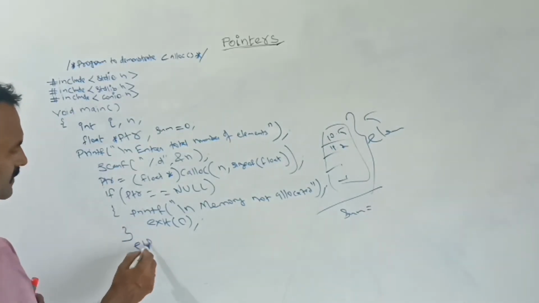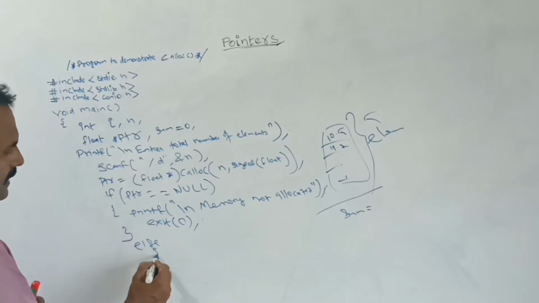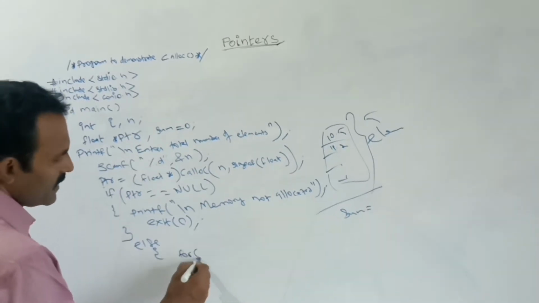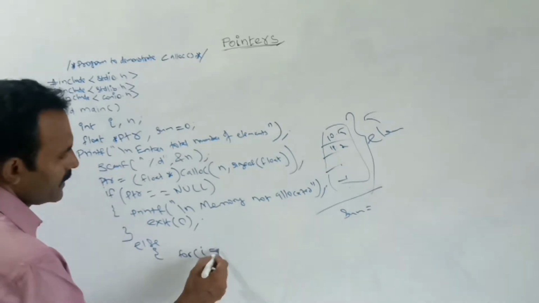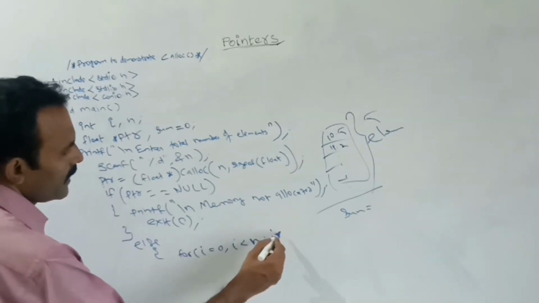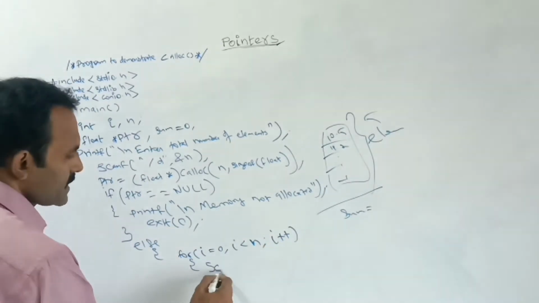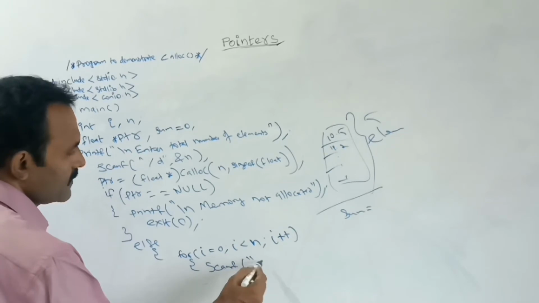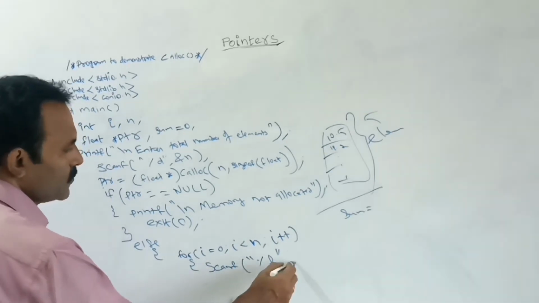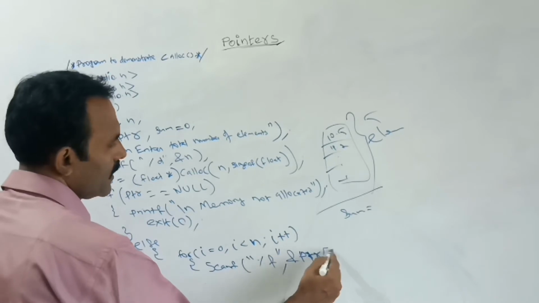Otherwise, if the memory was allocated for this ptr, then by using this for loop I am getting the input: for i is equal to 0, i is less than n, i plus plus. Here by using this scanf function I am getting input to ptr of i.